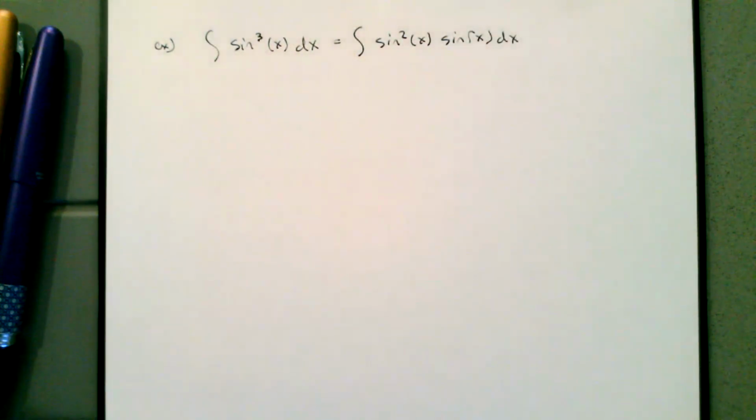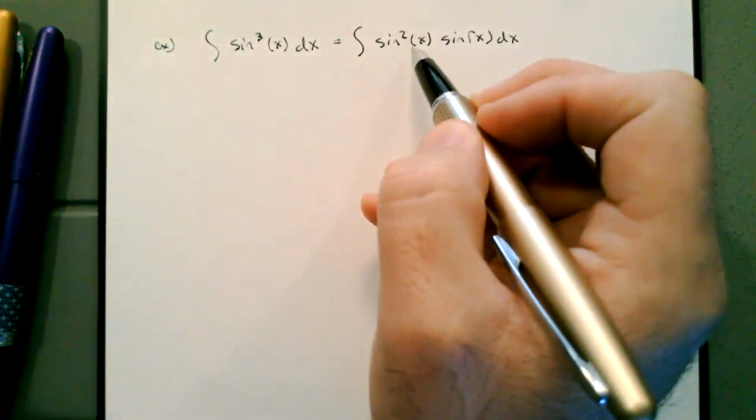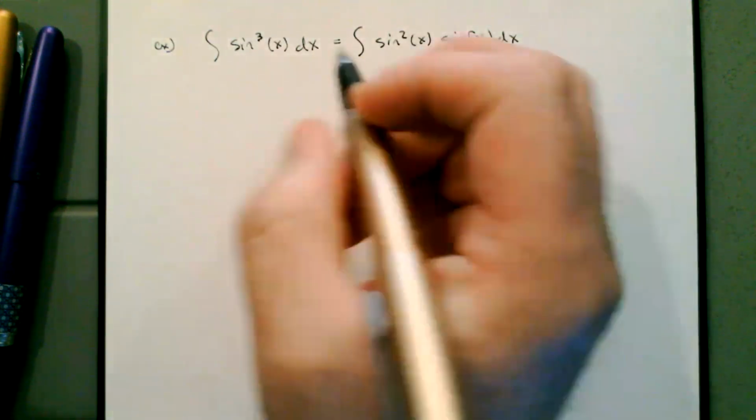Because I have an odd power of sines, I can save one factor of sine of x, and that's going to be my dx, but not for sine, it's going to be for cosine. Since I have an odd power of sine, I get a sine squared, and that we can turn into a cosine.